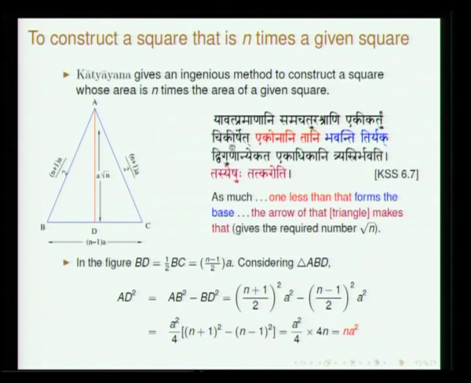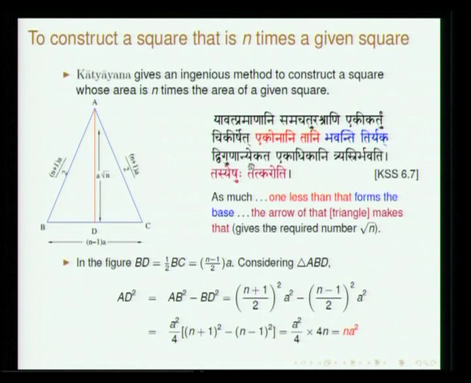So, the problem is this: you want to basically find out the value of root n. How do you go about it? The sutra says, Yavat pramanani samachaturashrani ekikartum chikirshet. It has been posed in a slightly different way. Suppose you have n squares, yavat pramanani, as much as you want.